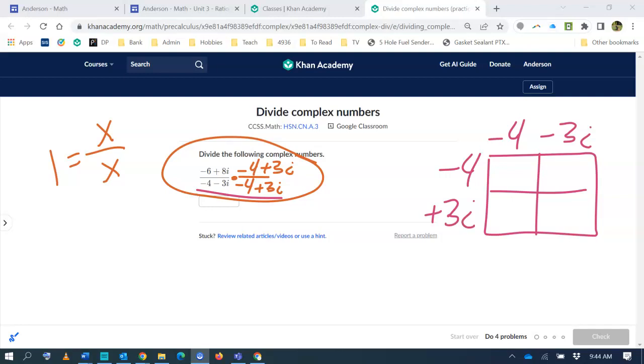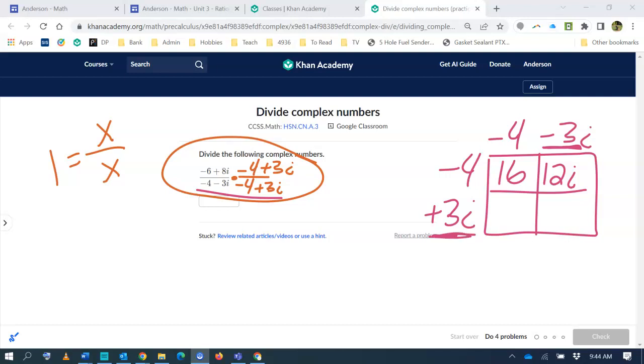We have -4 times -4. Two negatives make a positive, and 4 times 4 is 16. Now we have -4 times -3i. -4 times -3 is positive 12i. So positive 12 and i.